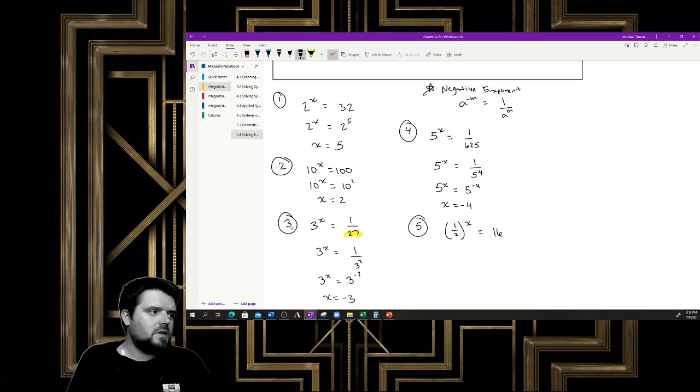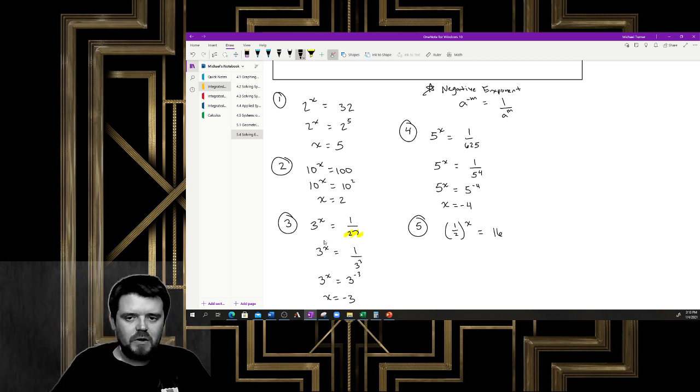Now, if you notice number 3 and 4, when I had a fraction and a whole number, I ended up needing a negative exponent, right? That basically flipped the value. So here, I'm going to need a negative exponent as well to be able to go from 1/2 to 16.